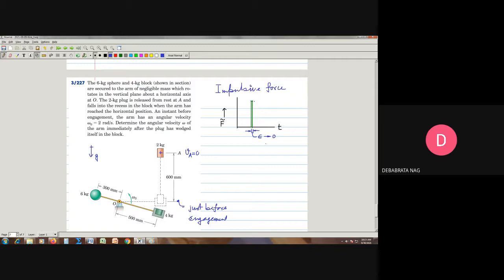However, the total impulse created by this impulsive force, that means the area under this small strip, is going to be constant. This gives me a definite impulse.